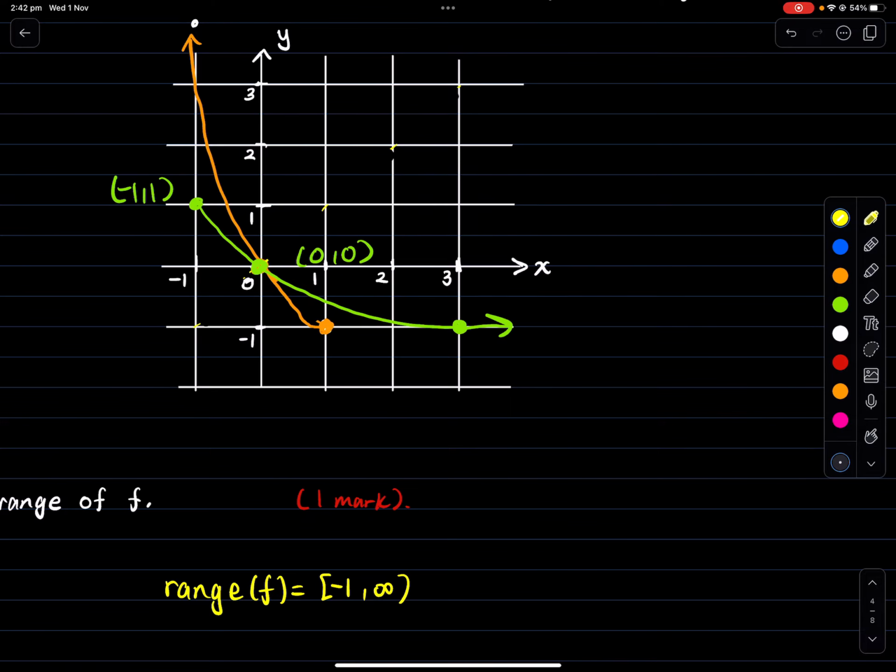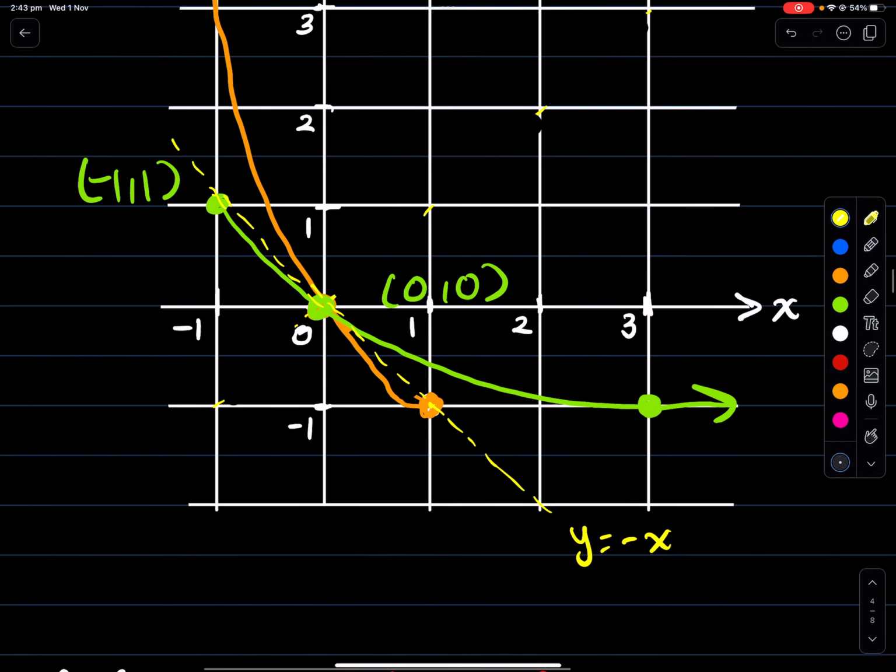It will look like this. It's not the best, but as you can see, this here is y equals negative x. We want to calculate the area enclosed. The area enclosed is right over here, and they are symmetrical, as you can see.